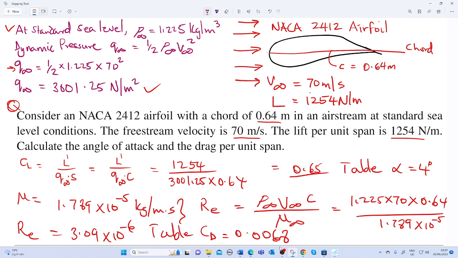So our coefficient of drag from the table equals 0.0068.